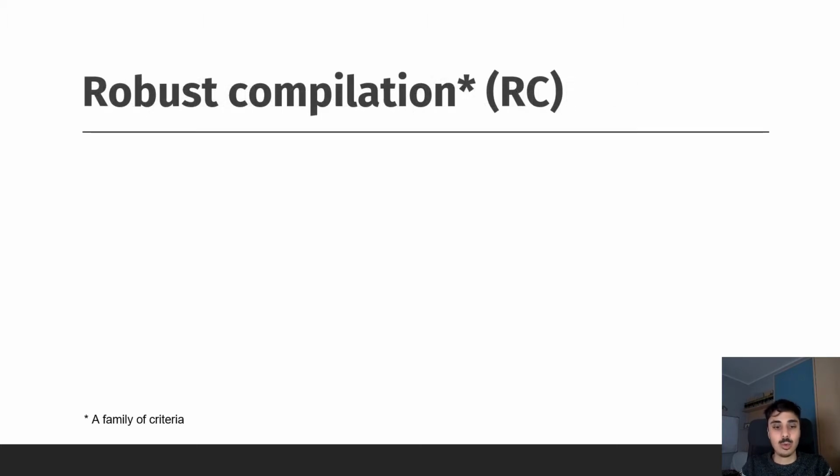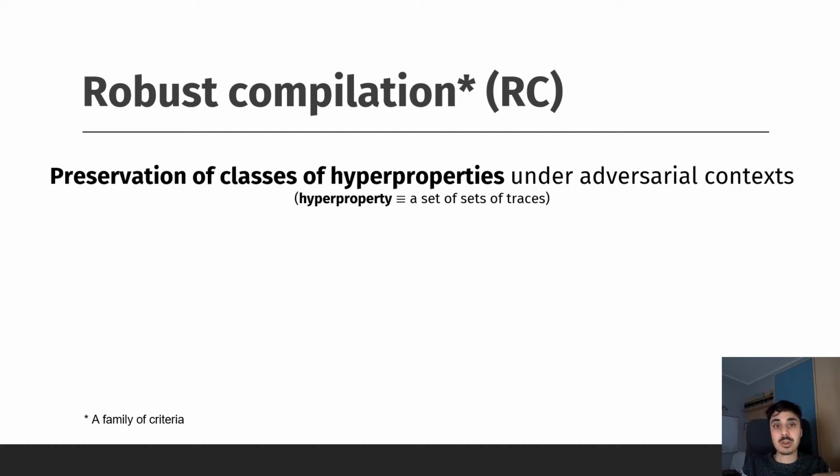Instead, with the term robust compilation, we refer to a family of criteria, some of which are known to be strictly stronger than fully abstract compilation. For the purposes of our work, however, we just focus on the preservation of classes of hyperproperties under adversarial contexts, where a hyperproperty is a set of traces that describes the behavior of a program.